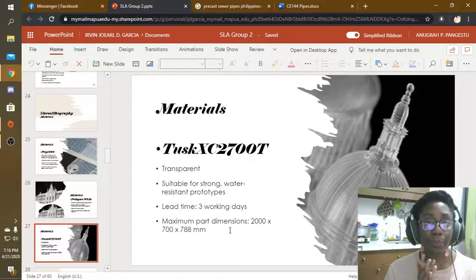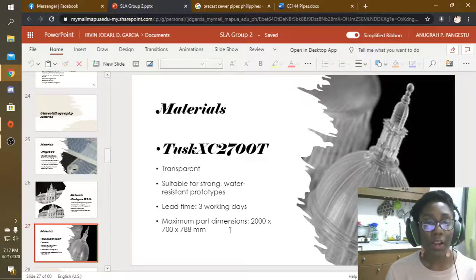This material itself is very strong, suitable for a strong water resilient prototype. That means when it comes in contact with water, it will not dissolve or change its physical properties or have some crack or any form of deformation when it comes in contact with water or leaking if possible.